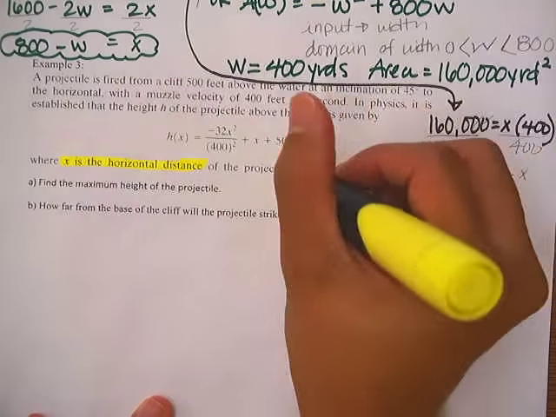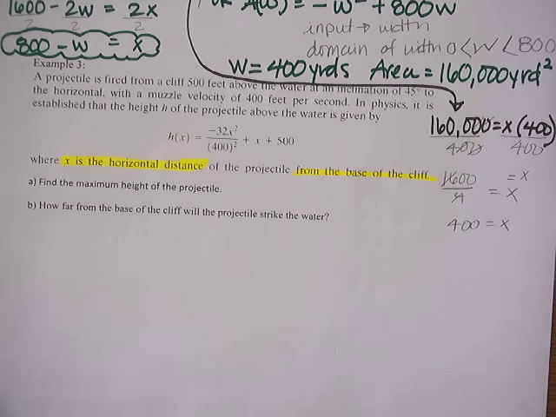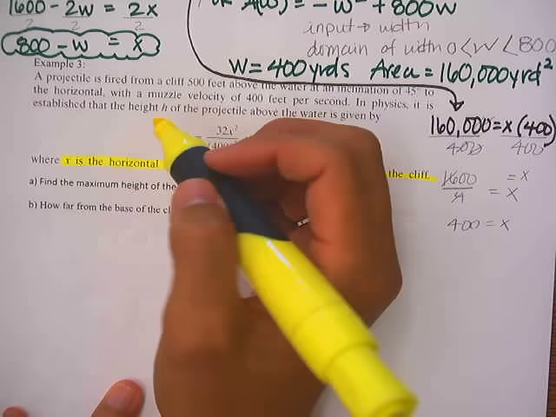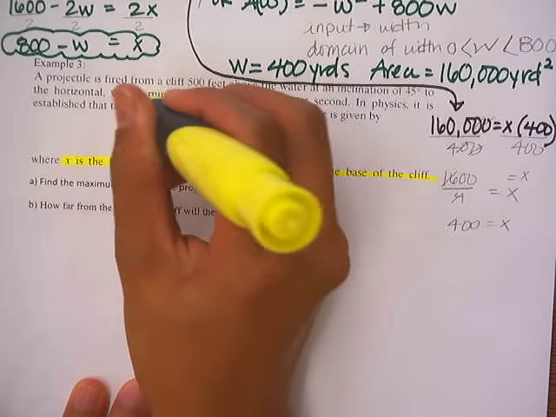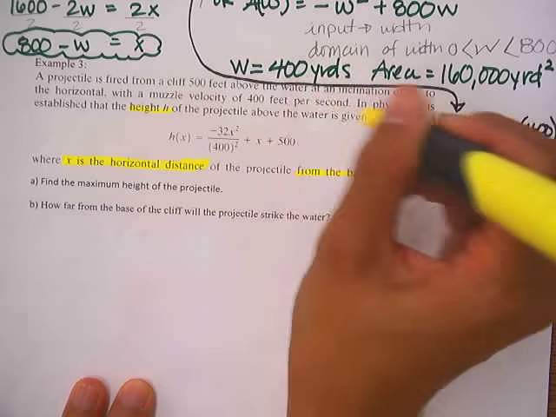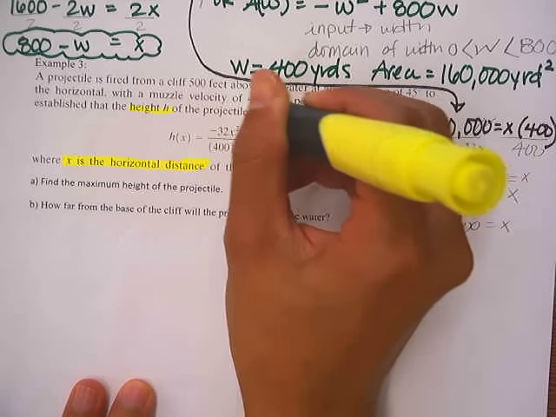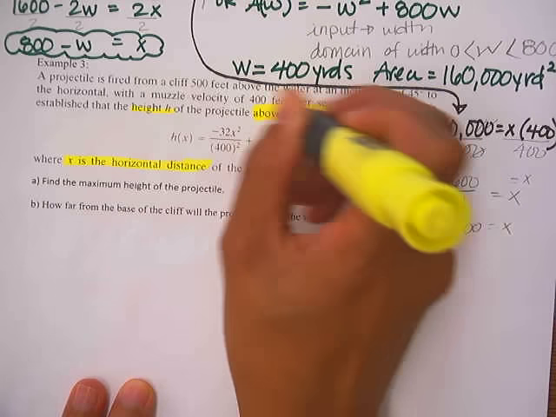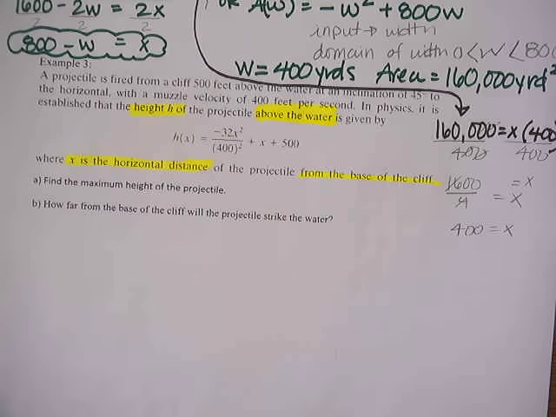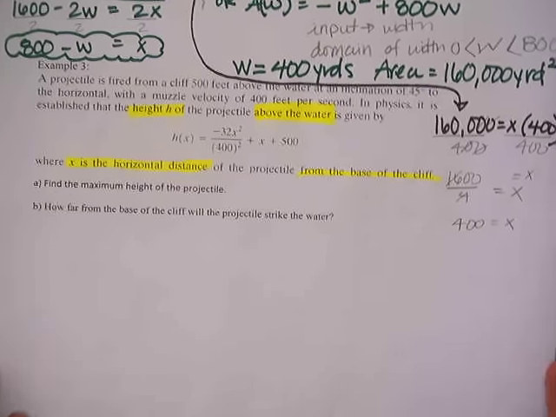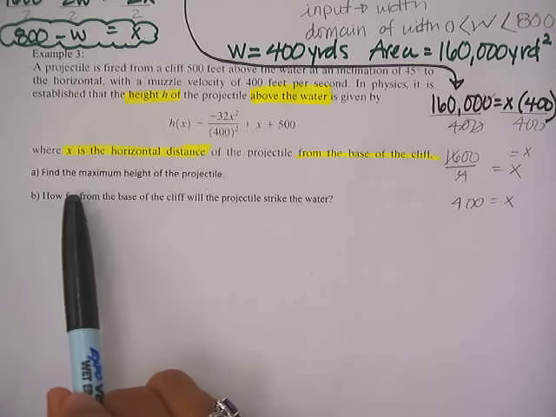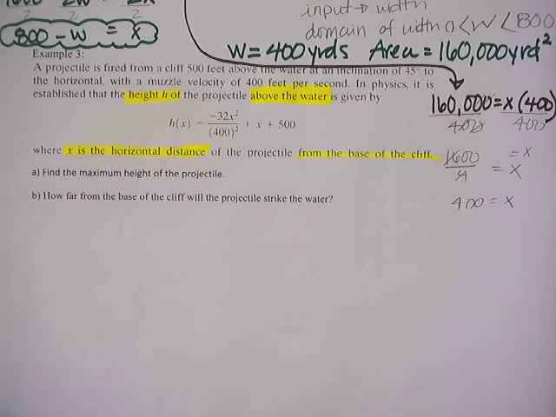Okay, that means h. Let's find what h is. H is the height, okay, above water. All right, so we need to know which ones are input and which ones are output. Those are important. So let's look at A. Find the maximum height of the projectile.